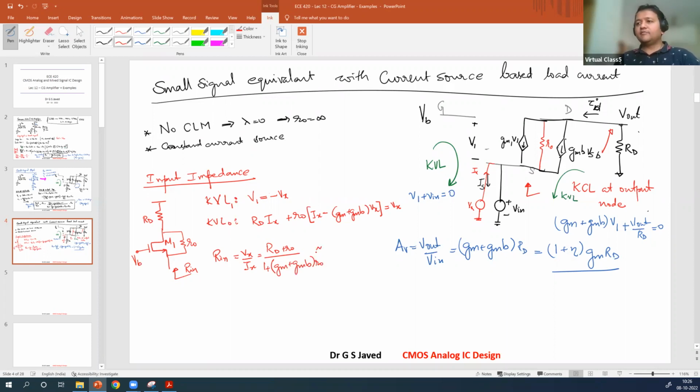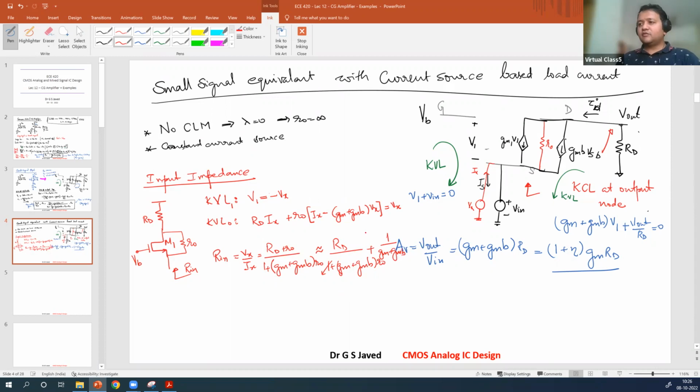Now this, if you simplify just to get understanding, you can equivalently write it as RD divided by 1 plus gm plus gmb R0, plus R0 over 1 plus gm plus gmb R0. You can remove this one.